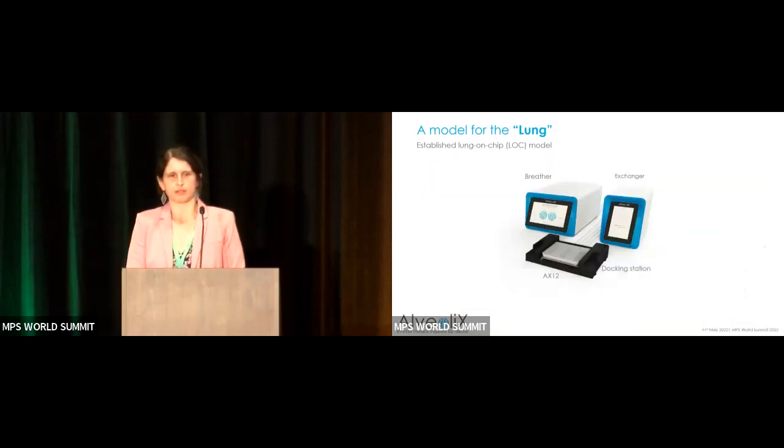To handle this chip, or to access the chip for experiments or to create the breathing function, you need three modules. Basically, you see the AX12 chip again on the docking station, and the docking station connects the chip either to the breather, which is required to make the cells breathe, or to the exchanger to manipulate the cells or to do medium exchanges.